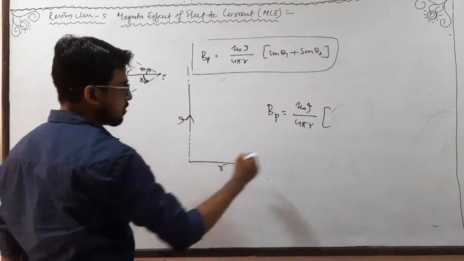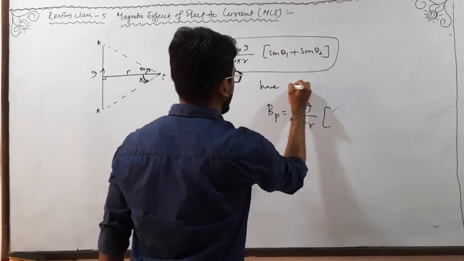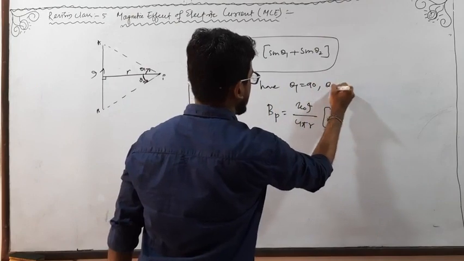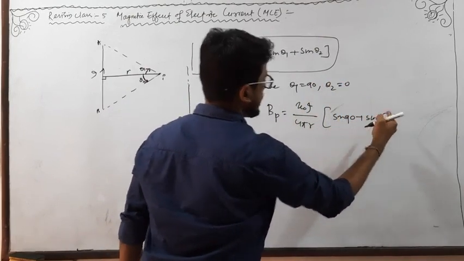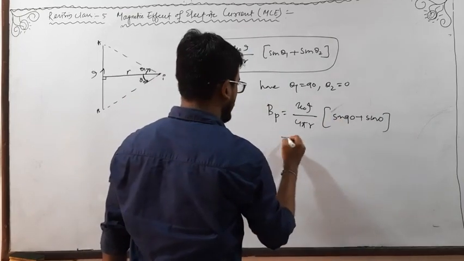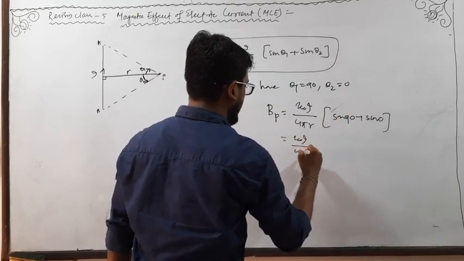Here theta 1 is 90 degrees and theta 2 is 0. So sin 90 plus sin 0, and sin 0 is 0. So this will be mu naught I divided by 4 pi r.